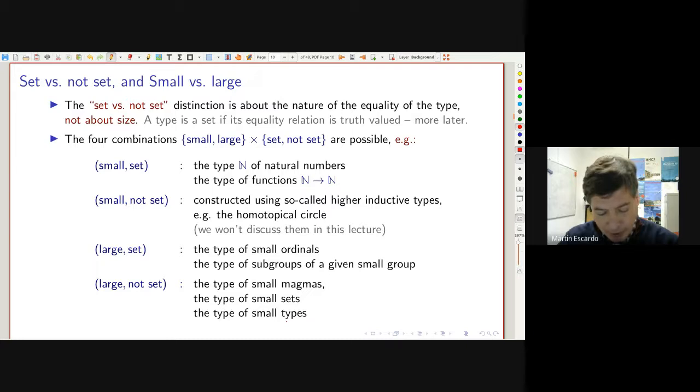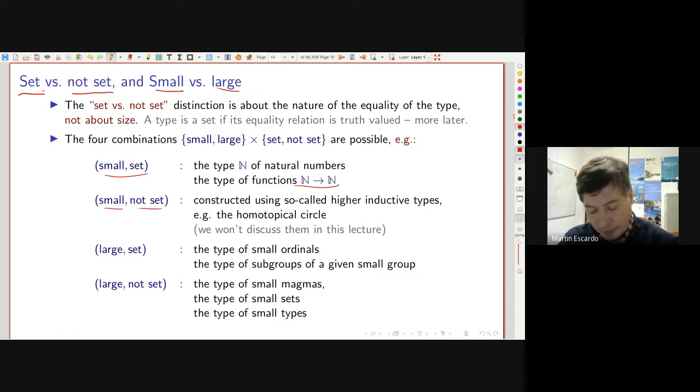Okay, so let me try to be a little bit quicker here. I'm just going to emphasize what I said before. The distinction between a type being a set and not a set is not about it being small or large. Here's an example: all four possible combinations actually exist. The type of natural numbers or the type of functions is both small and a set. Then there are types which are small but not sets.